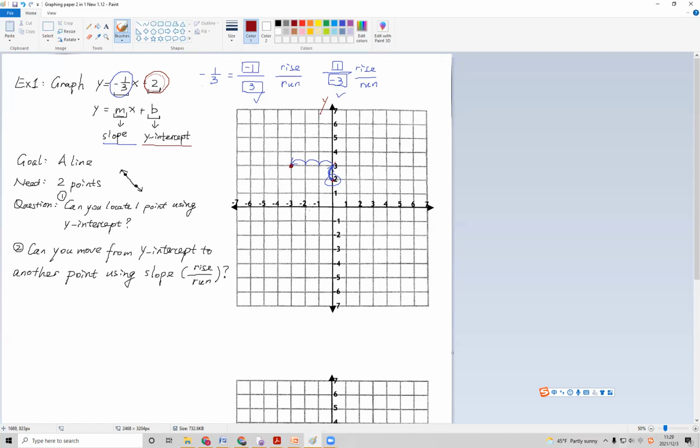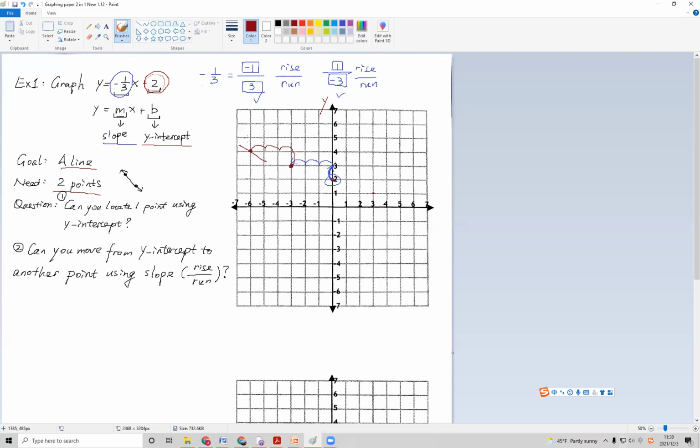And then we got 2 points. So if we want the line, we can just connect these 2 points, and the line is right there. If you want to do more moves, actually you can. You can do another, going up 1, go to the left 3, if you want more points to make sure you can draw this line perfectly.